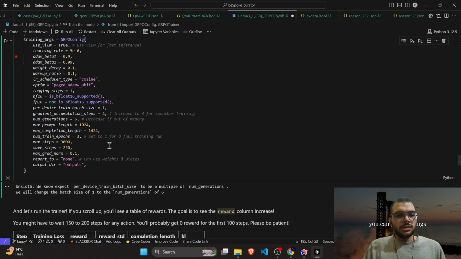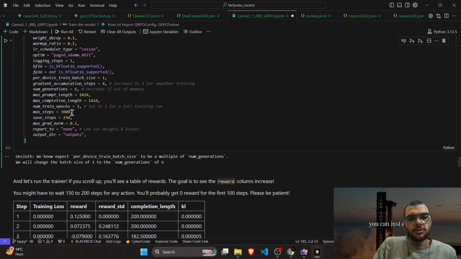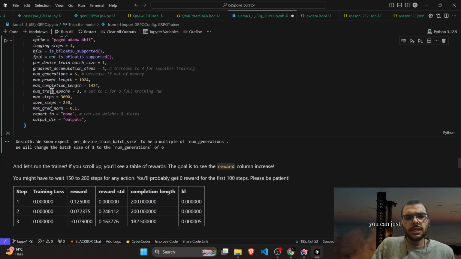It's something like number of training epochs multiplied by or divided by training batch size, and into I guess 1000 or something like that. You can just Google it and you'll get the formula for calculating max steps. Keep training epochs from 1 to 3 only. Don't do 4 or 5, because it will just increase the number of steps for your training.